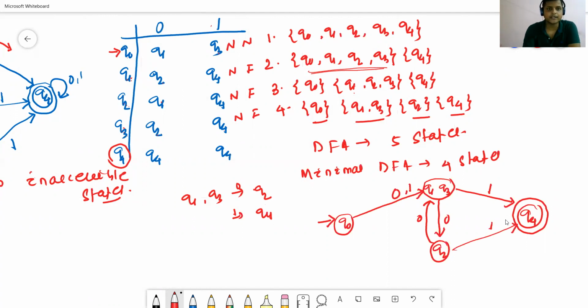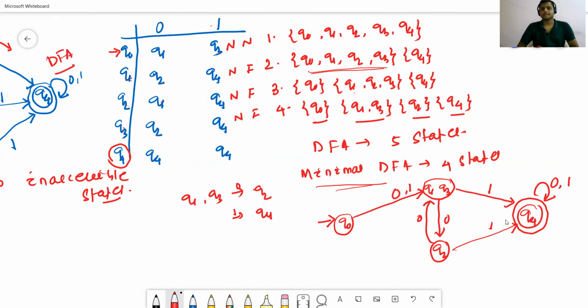Q3 reads 0 and goes to Q2. Q3 reads 1 and goes to Q4. Q4 reads 0 and goes to Q4. Q4 reads 1 and goes to Q4. This is your minimal DFA.